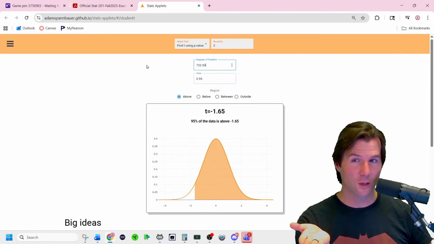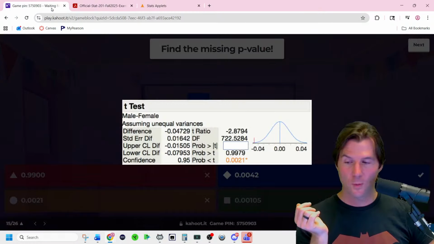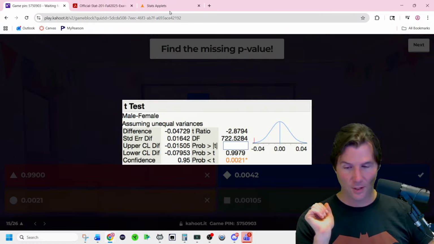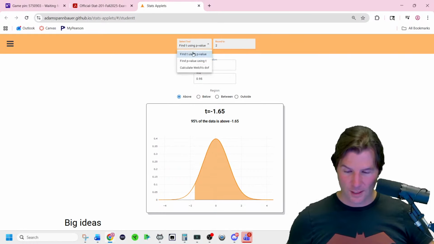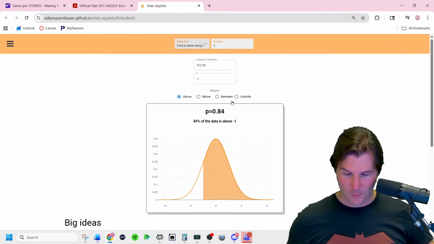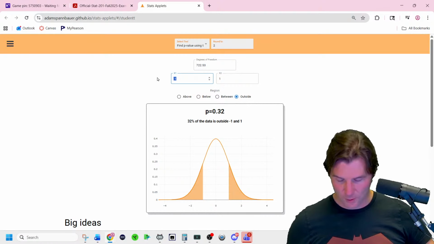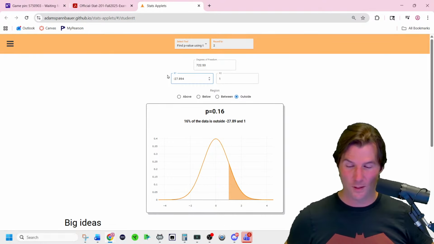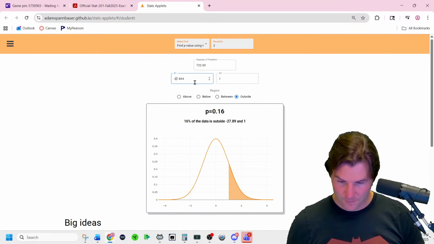So degrees of freedom are 722.53. And if you notice, it looks like the normal curve. So what I'm going to do now is take the T statistic right here of negative 2.8794, and we're going to find the p-value. We're going to do the outside test. We're going to put in negative 2.7894, I think it was. Oh, I messed that up.